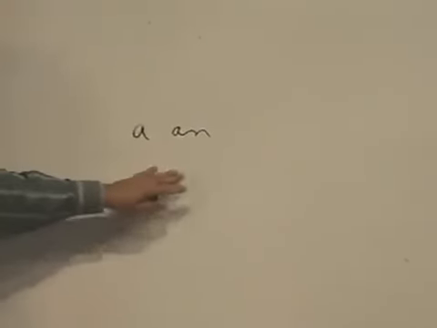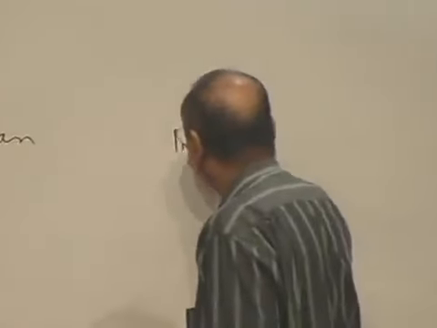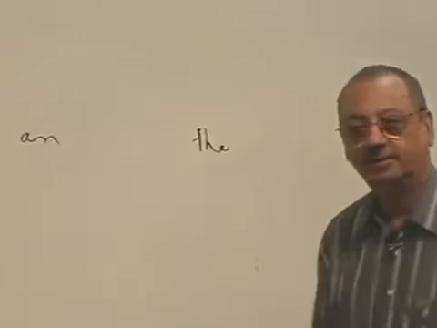Either it is definite or indefinite. What do we do in English when it is an indefinite noun? How do we describe it, brother? By using a or an. Are you with me? This, when it comes in front of a noun, makes it indefinite. How do you make it definite? The. Okay, brother.